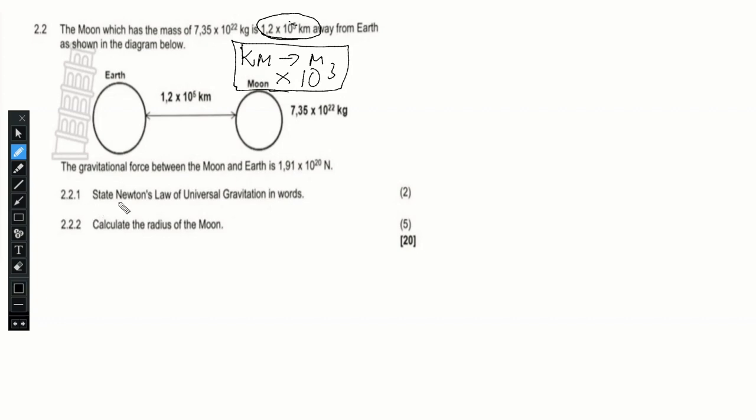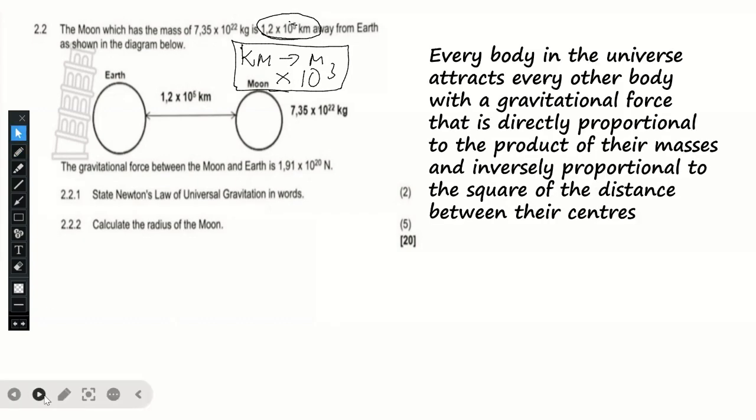Then 2.2.1 says state Newton's law of universal gravitation in words, right? So according to our CAPS document, we say Newton's law of universal gravitation states that every body in the universe attracts every other body with a gravitational force. So the body here, we are not talking about every body in terms of the person. We are talking about the celestial objects like your Earth, your Moon, and all those, right?